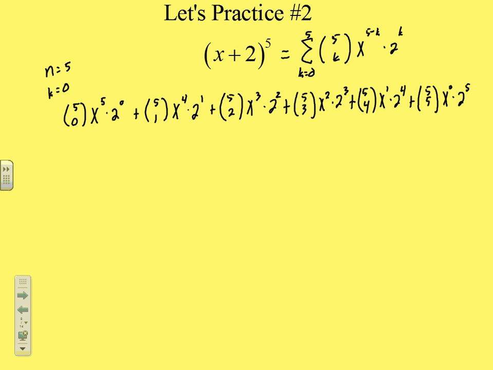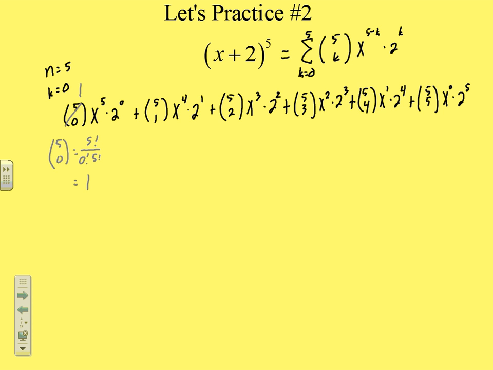Now, let's go ahead and do our individual combinations here, because again, I don't have a calculator to show you as a display how you type it in. So here, the first combination that we have is 5 choose 0. Well, that will give me 5 factorial over 0 factorial times 5 factorial, which is the same thing as 1.